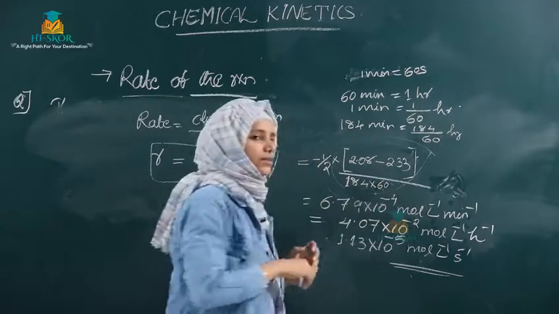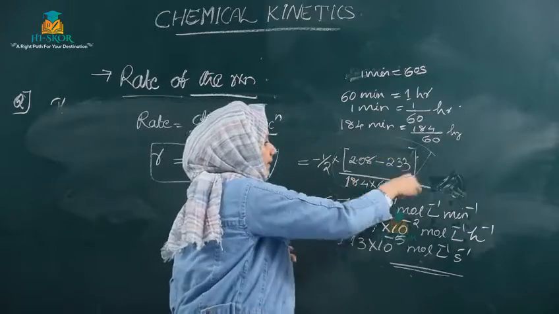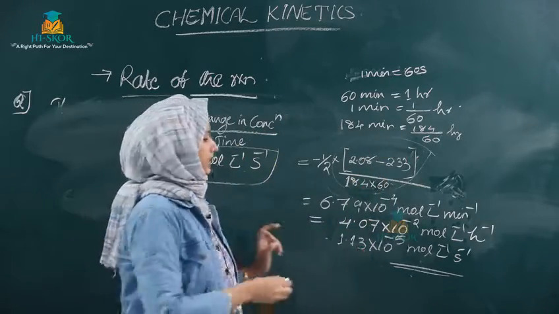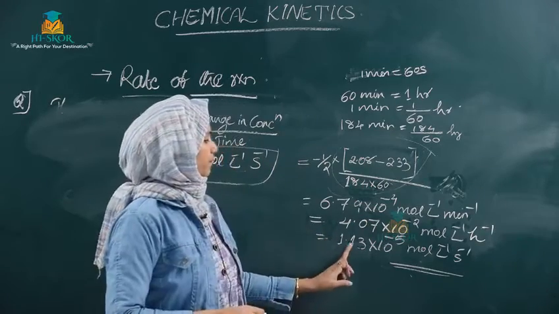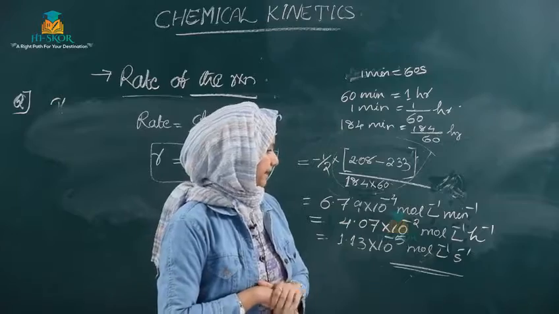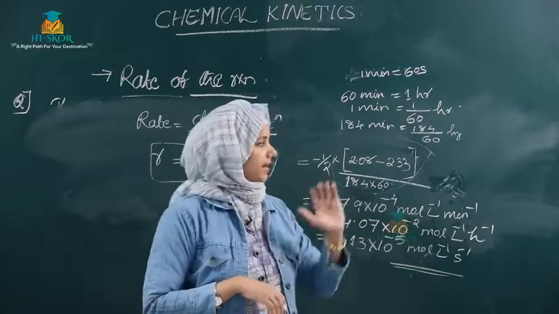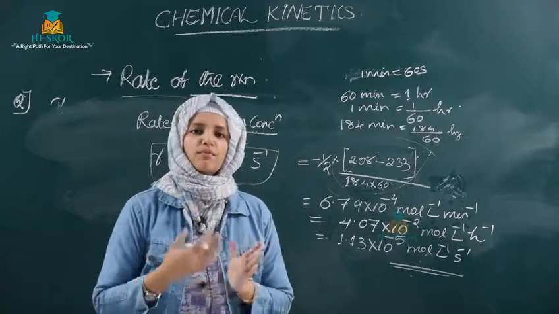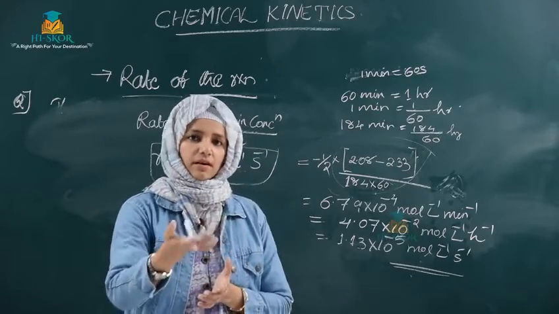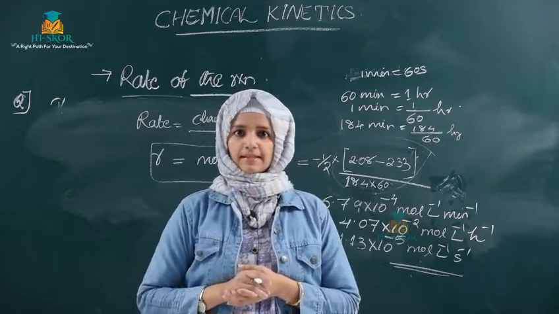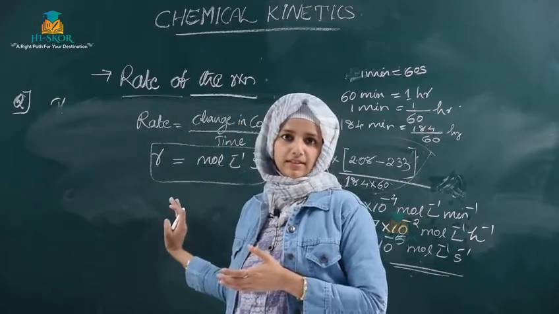In seconds, it is 184 into 60, so the answer we got earlier should be divided by 60. So this is the answer you will get: 1.13 into 10 raised to minus 5 moles per liter per second. So this is the simple problem. This is the way you have to do more problems. The number of problems you have to do, you work from your home. I think you are clear with this problem.